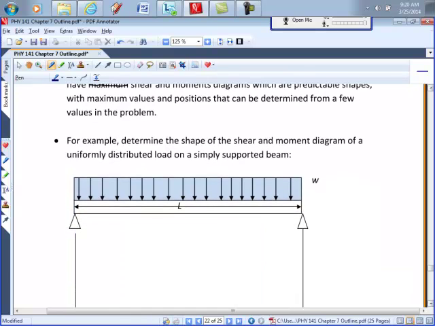So this is a distributed load, uniform distributed load, W units of force per unit length, and length L between the supports. What's the support reaction going to be here?